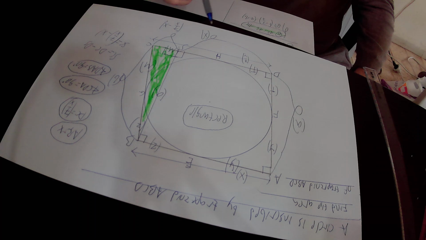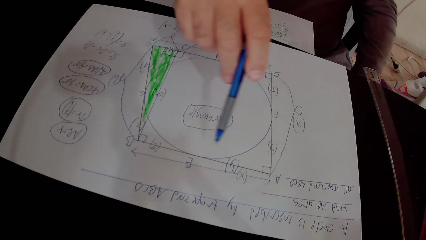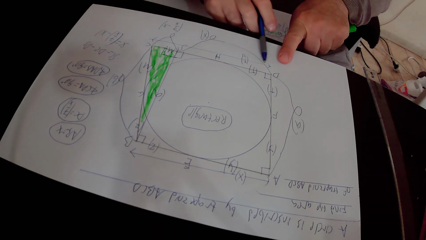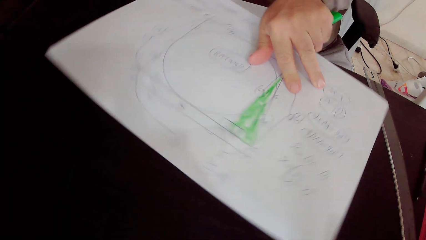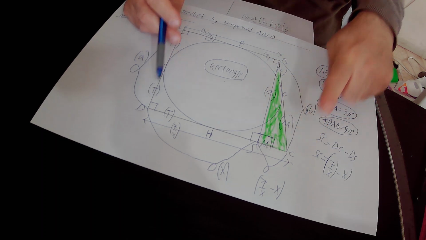So here we know that quadrilateral ABSD is a rectangle, and we know that the opposite sides of a rectangle are parallel to each other. That is to say, side AB is parallel to the opposite side DS. But DS is part of the straight line DC and is parallel to AB.